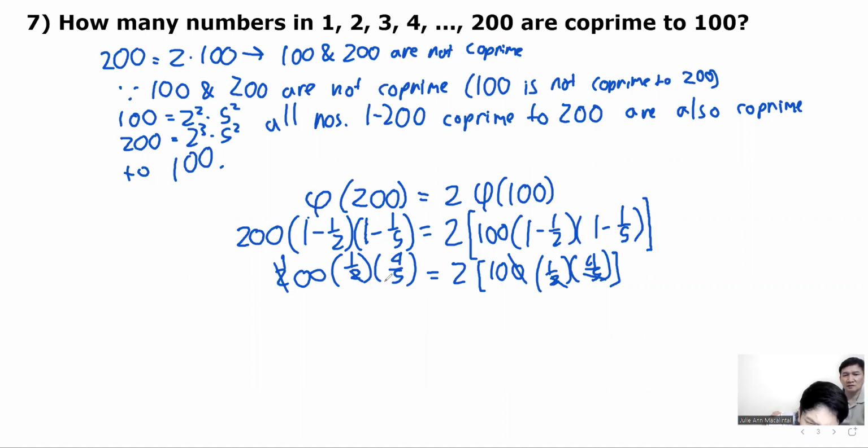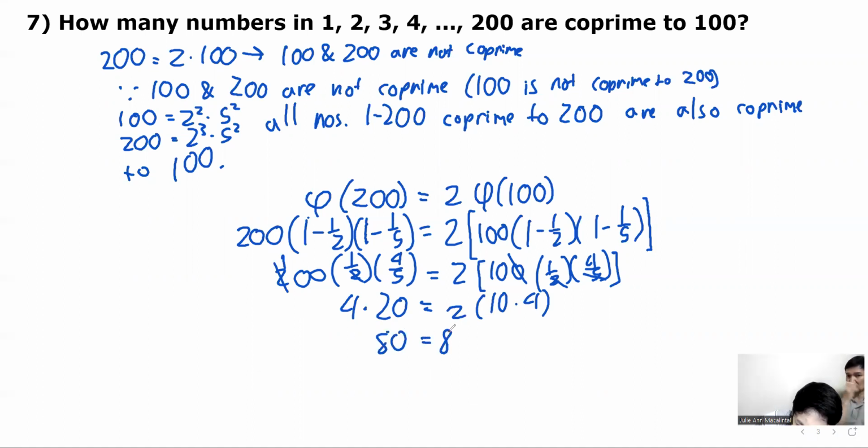So 20 times 4 is equal to 2 times 10 times 4, which is 80. So there are 80 totatives of 200, from 1 to 200.